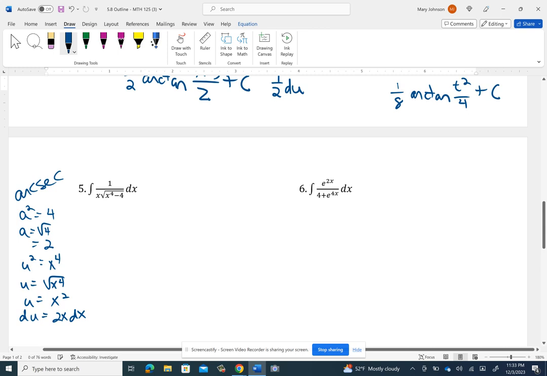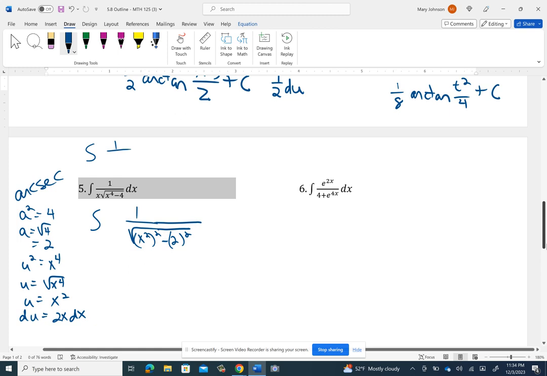We're going to hold off a minute on what we need to do with that, because one of the issues is that when I'm looking at this, I can get that written to be x squared squared minus the 2 squared. So I see my u and my a that I'm going to need. But then according to that formula, let me write that formula for you right here where you can see it.